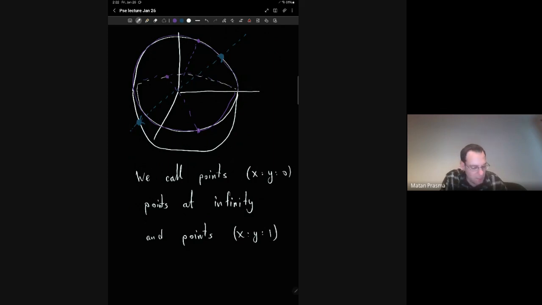Again, this 1, I can always do that. For x colon y colon z, if z is non-zero, then this is going to be equal to x over z colon y over z colon 1.